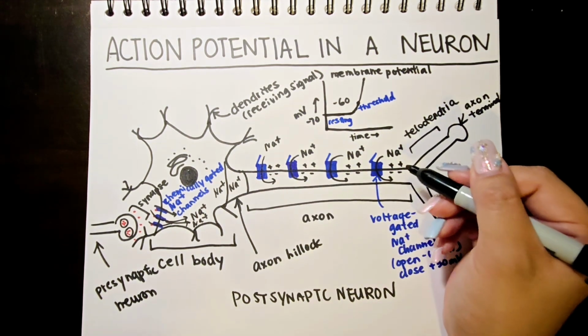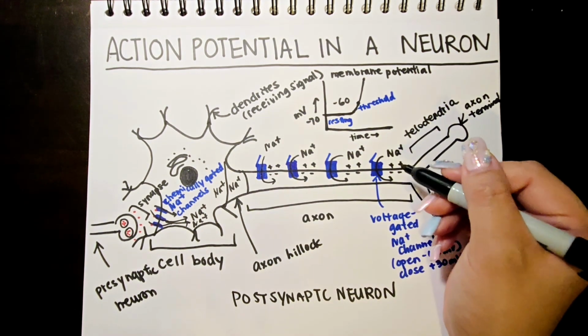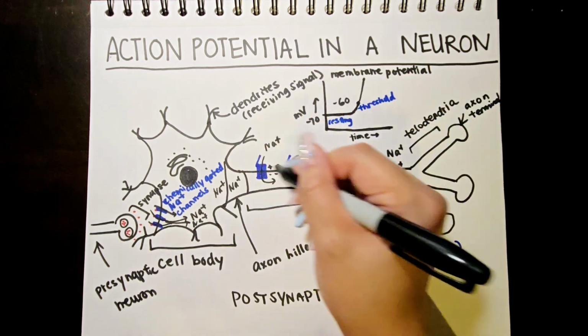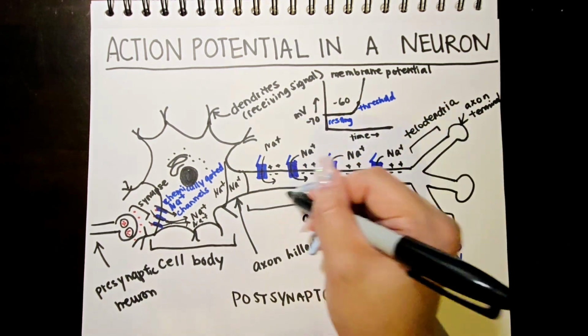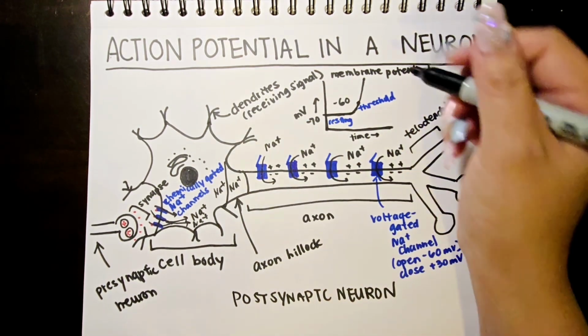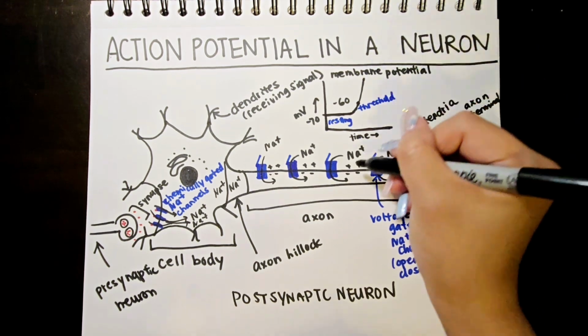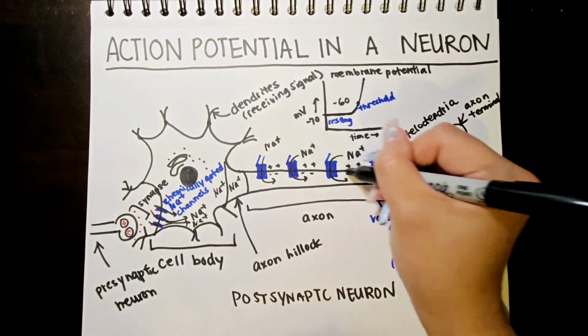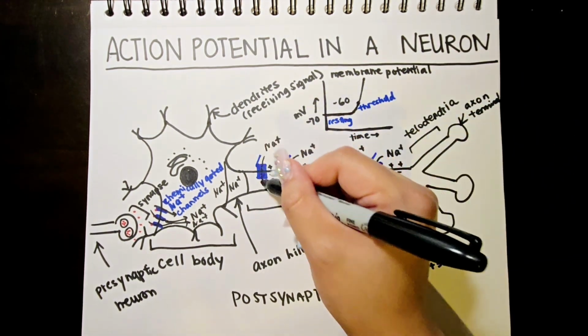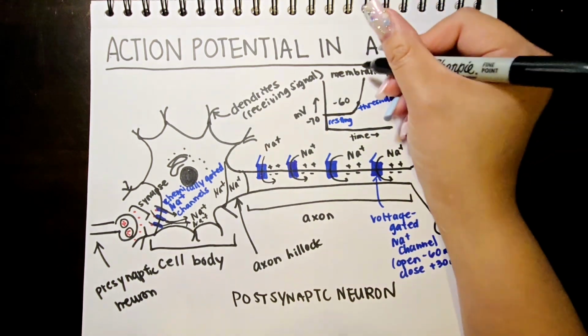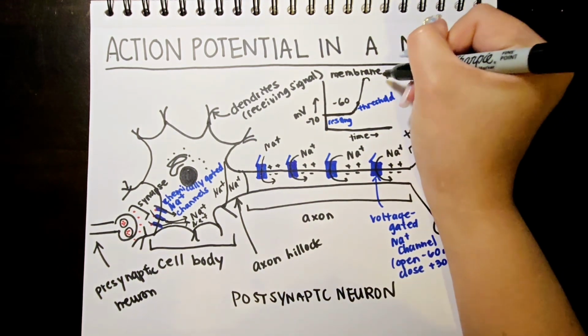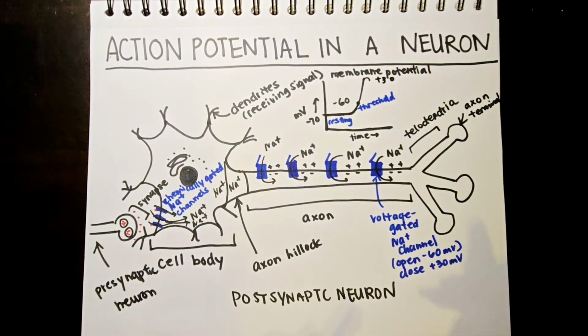And we know the concentration gradient rule is that things always move from a higher concentration to an area of lower concentration. So this will increase the membrane potential as more and more sodium ions go into the neuron through these channels and reach positive 30 millivolts.